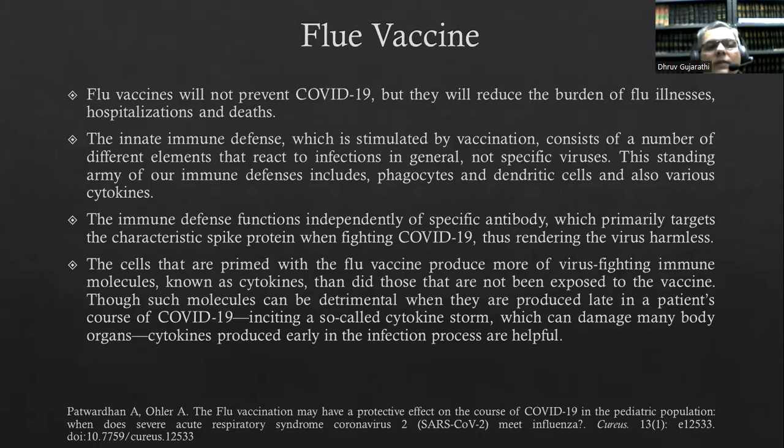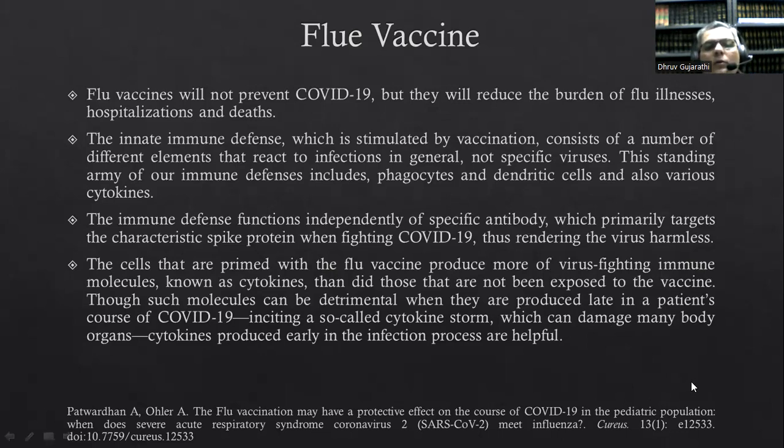The immune defense functions independently of specific antibody, which primarily targets the spike protein while fighting COVID-19 and makes the coronavirus harmless. The cells that are primed with flu vaccine produce more virus-fighting immune molecules such as cytokines than those that were not exposed to the vaccines.